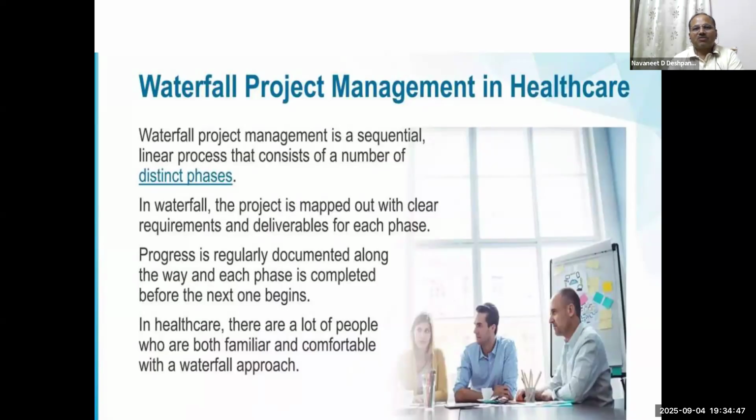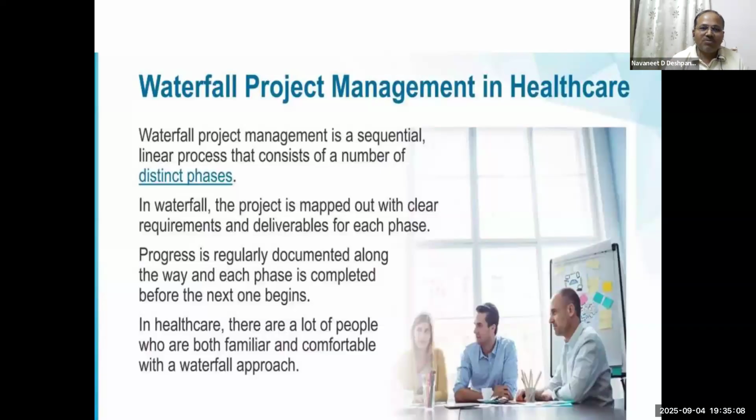Waterfall project management is a sequential linear process that consists of distinct phases. In a waterfall, the project is initially mapped out totally, and each phase is sequentially planned and charted out. The progress is regularly documented, every step, right from the planning, then procedures, then principles, then practices.